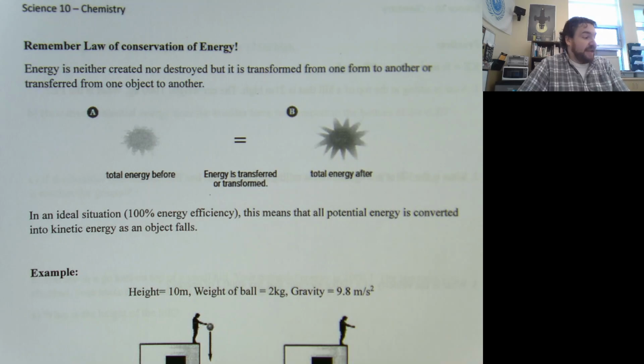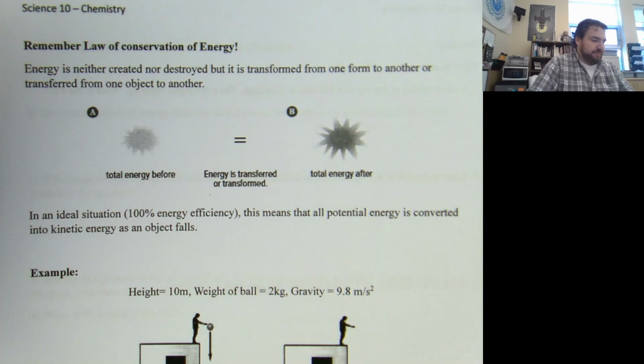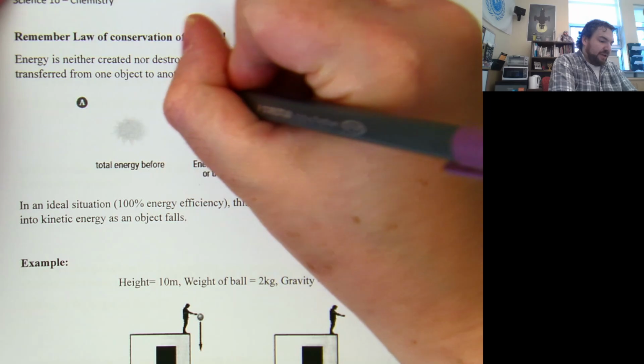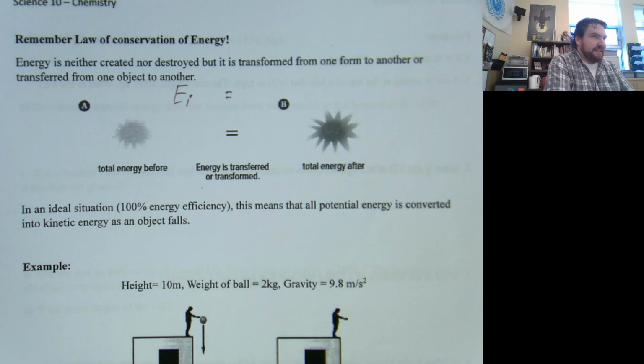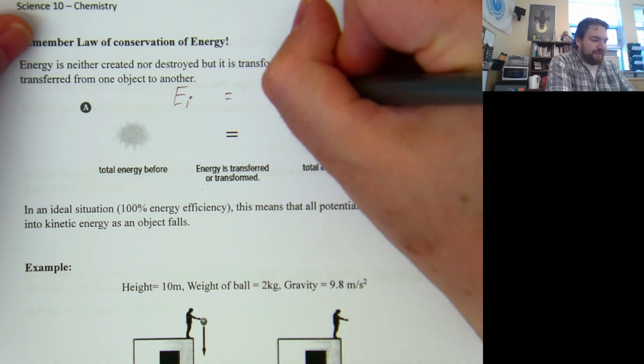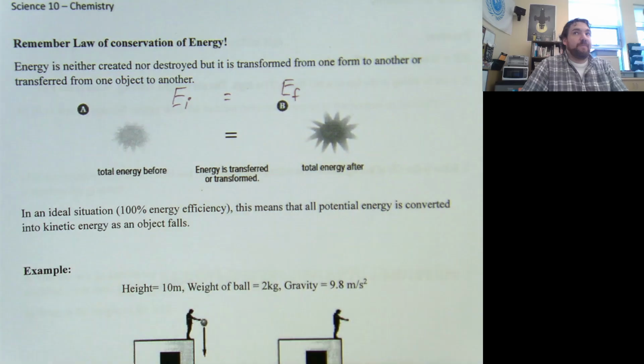So what that means is that the total energy at the beginning needs to equal the total energy at the end always. So we've got the energy initial. Mathematically, what this means is that the initial energy has to equal the final energy. Regardless of what energies you have, all of them at the beginning need to be equal to all of them at the end.